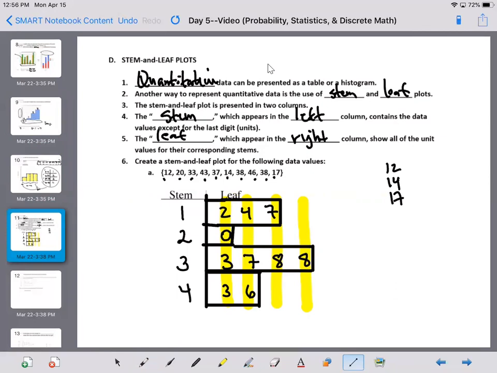And we are actually using increments of tens. So the first stem is really from 10 to 19. The next one is 20 to 29. The other one is 30 to 39. And the other one's 40 to 49.